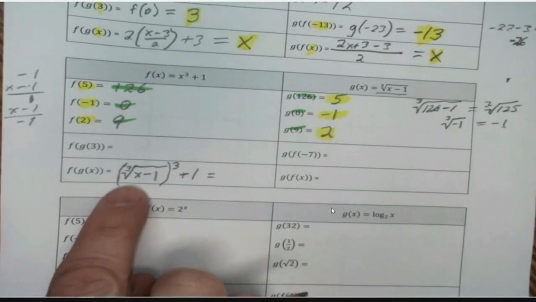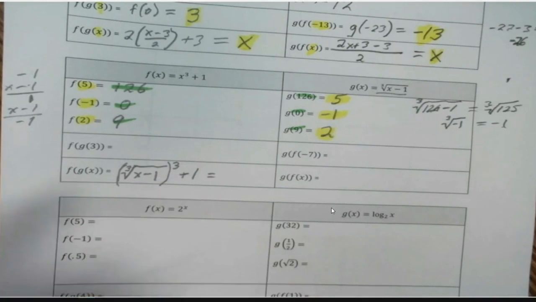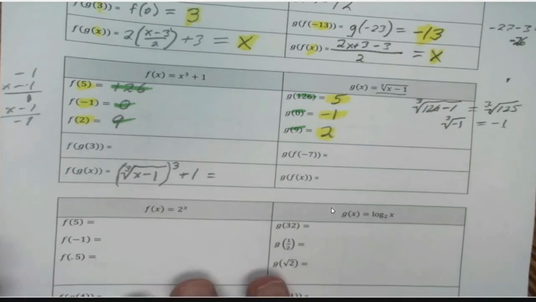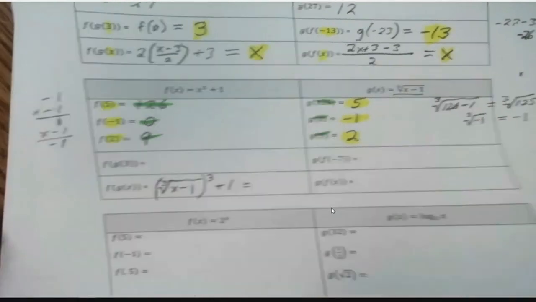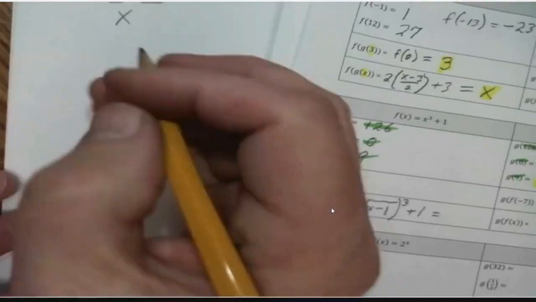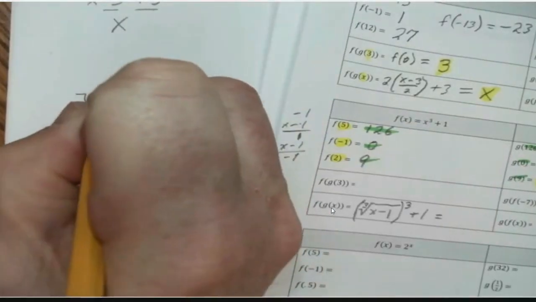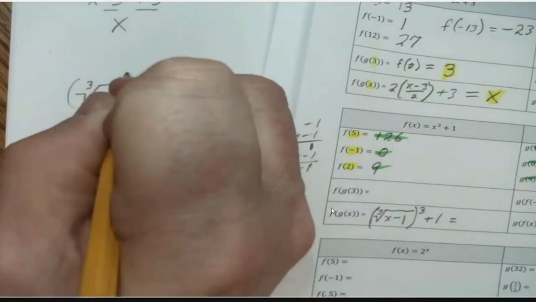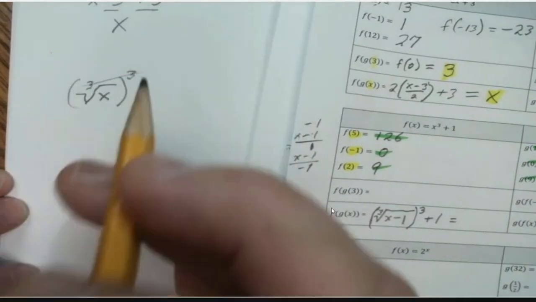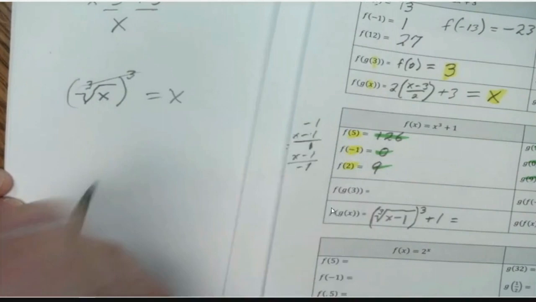What is the cubed root of x minus 1 after we cube it? Well, the cubed root of anything, once you cube it, those cancel each other out, and it just would be whatever's underneath there.